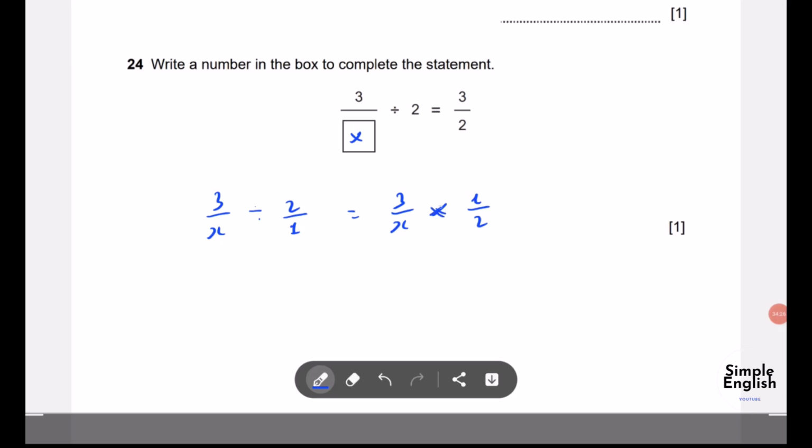Remember. This one equals 3 over 2, right? And this one equals 3, I divide by 3, 2 times x, over times x. So x here must be number 1, right? And then I write number 1, right?